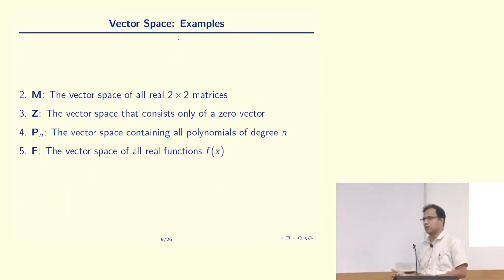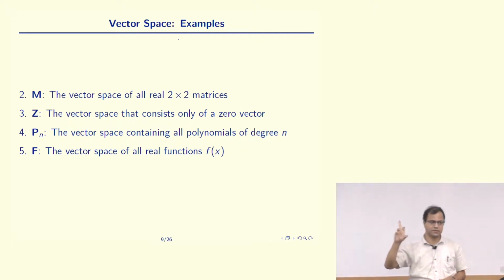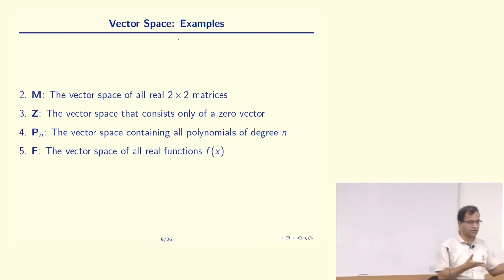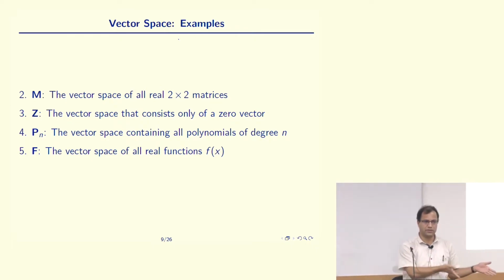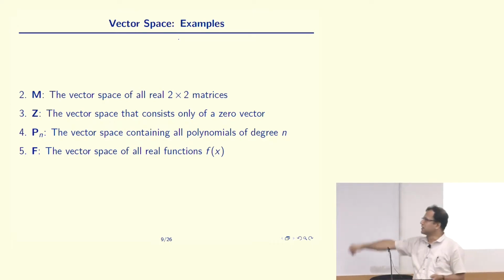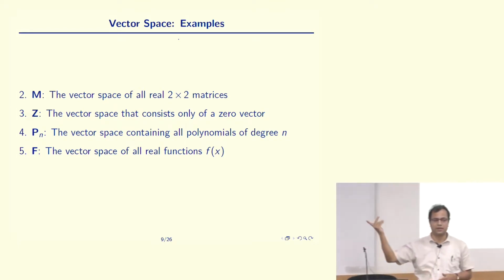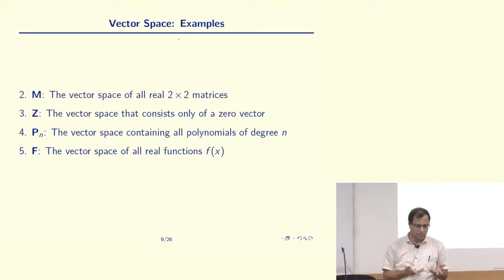The type of vector space you have just seen is just one type of vector space, but my vectors may not always be like what you have just seen. They could come from the space of matrices, like the vector space of all real 2 by 2 matrices, or from the set of polynomials of degree n, or it could be a vector space of all real functions.